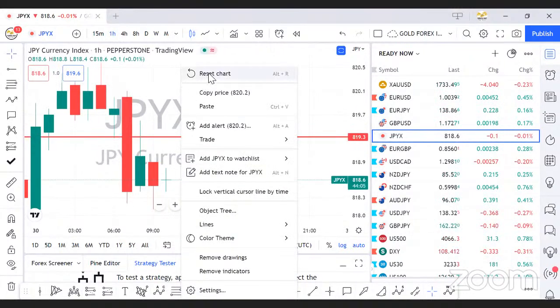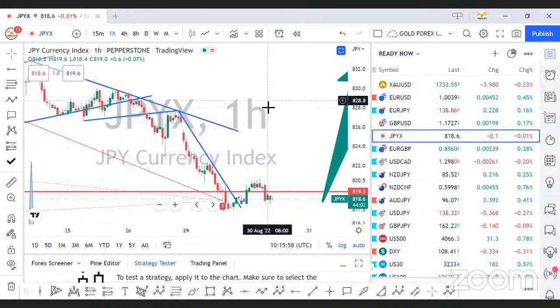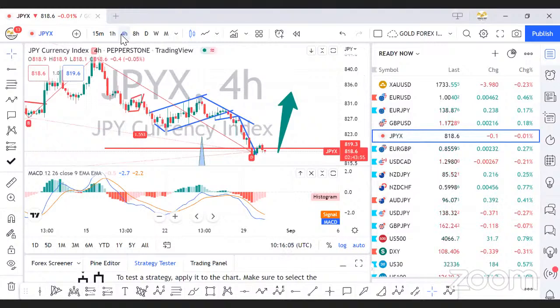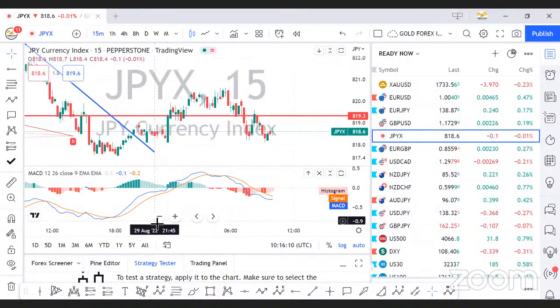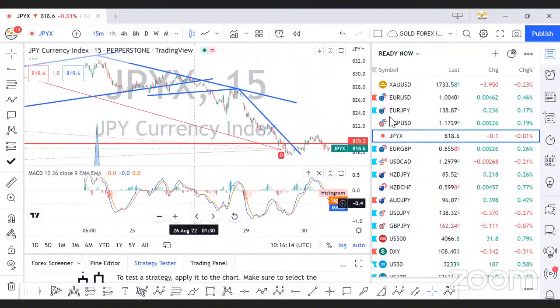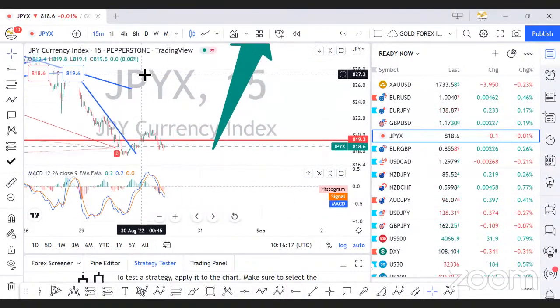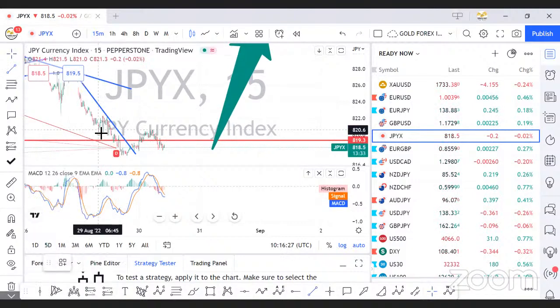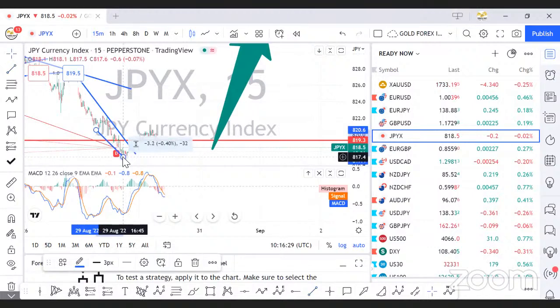Let me check if there was any divergence. So from here, I saw some sort of divergence here, and here.